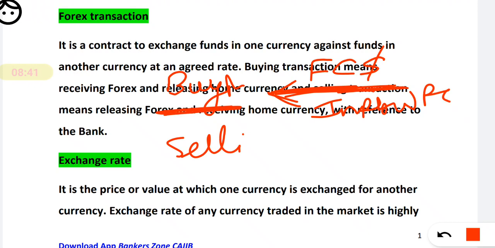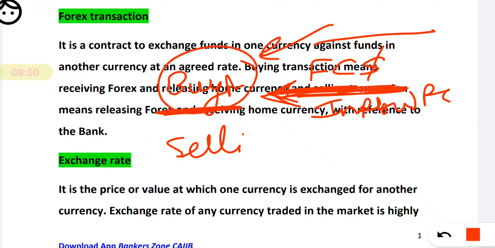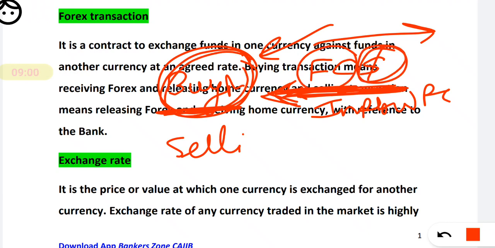If you buy a bicycle, you will get the bicycle, and you have to send the rupees. In the same way, if you are purchasing foreign currency, say dollars, it will come to you. That is the inflow of the foreign currency.